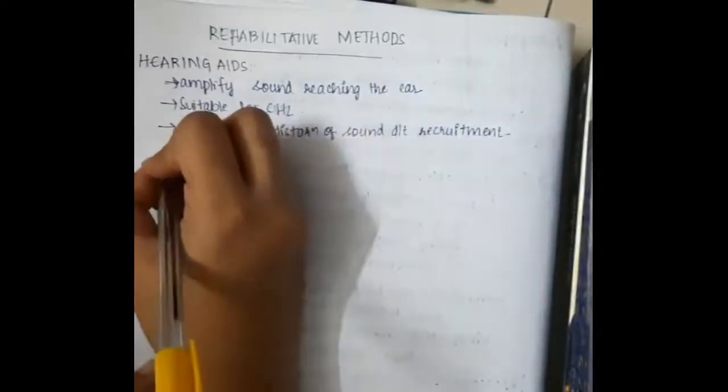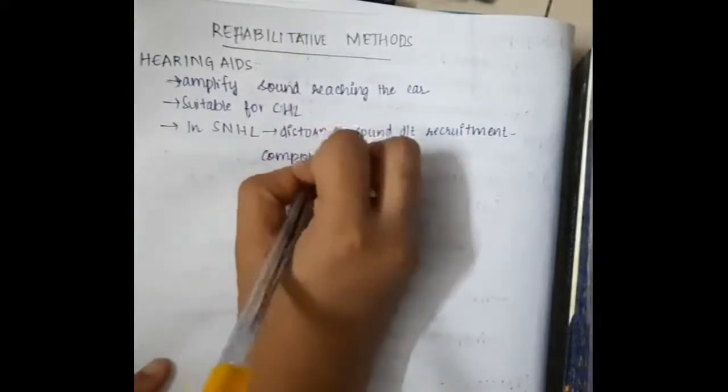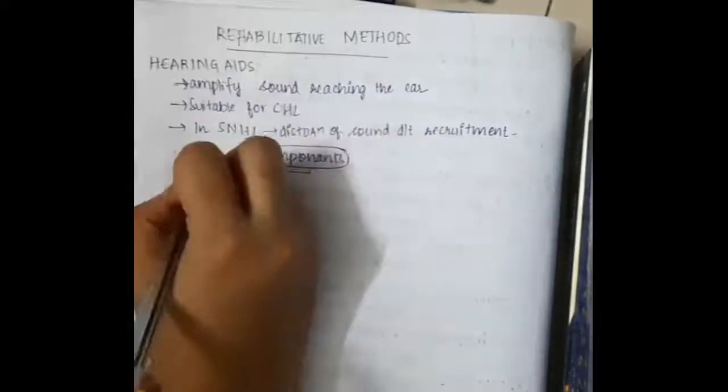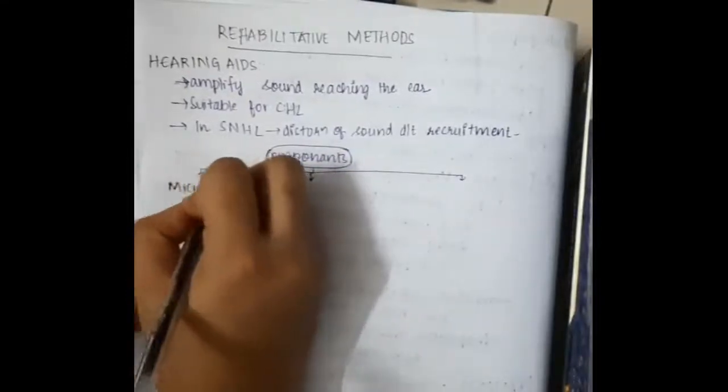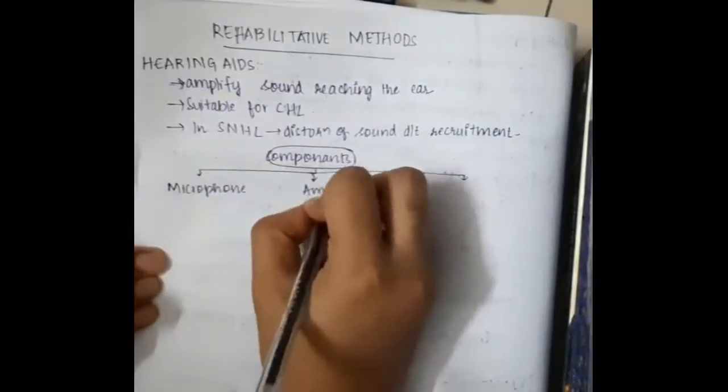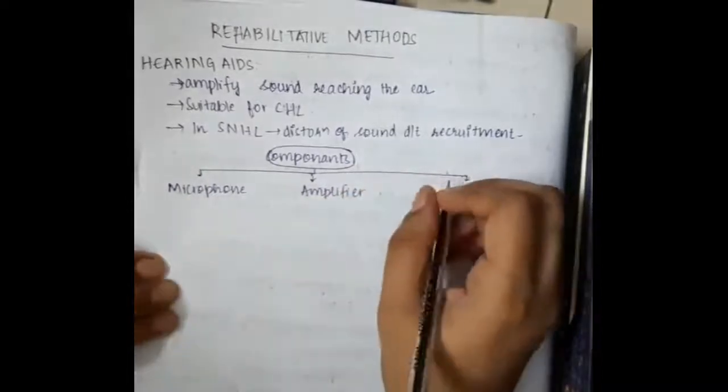The hearing aid has three components: one, microphone; second, amplifier; third, receiver.